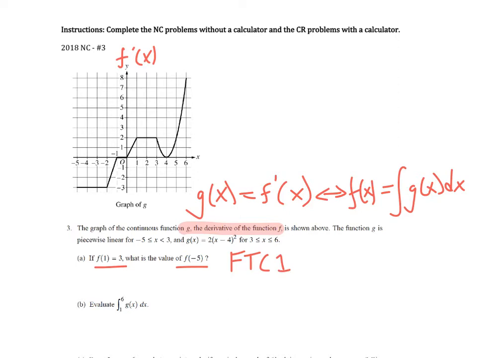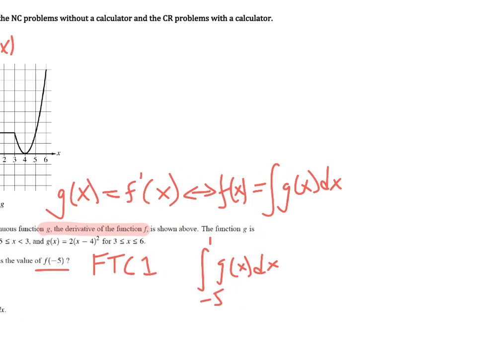The reason for that is we've got an integral from negative 5 to 1 of g of x. The antiderivative of g is f.